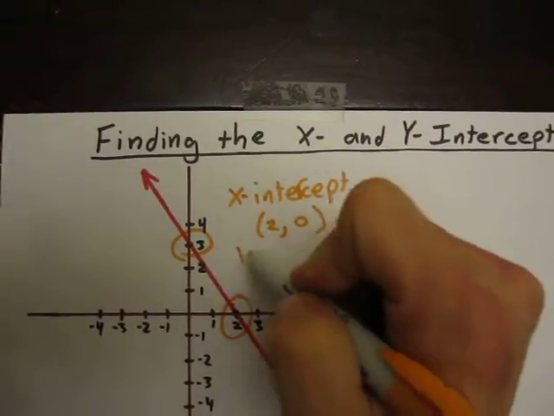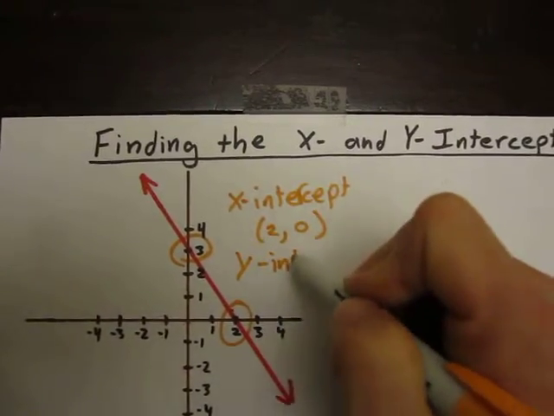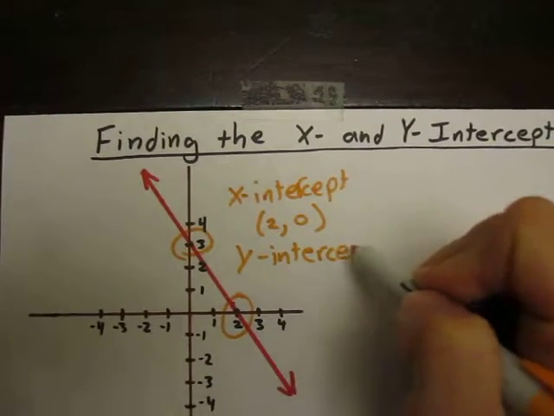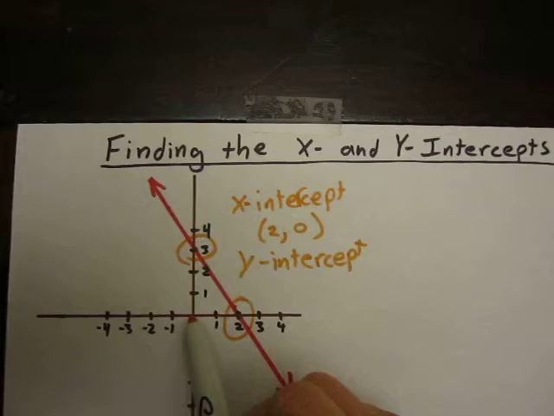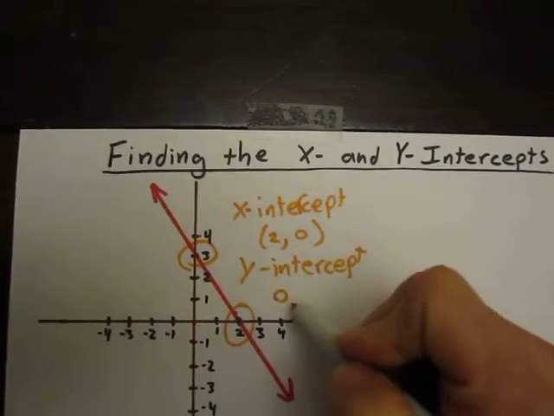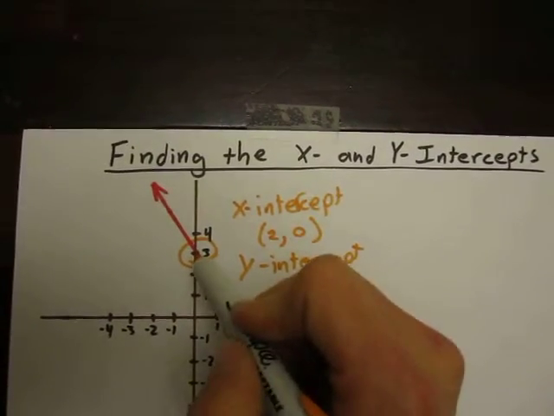And the y-intercept is the point (0, 3), because we haven't gone anywhere in the x direction, and y is positive 3.